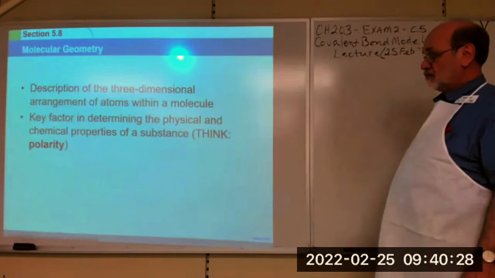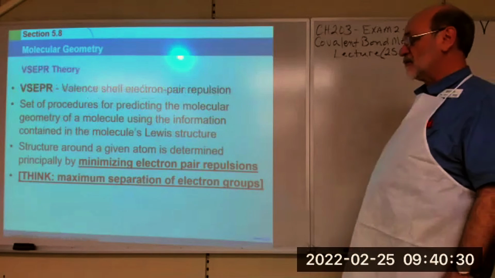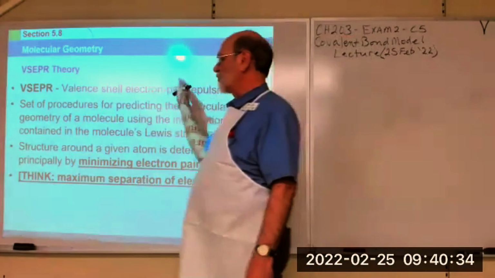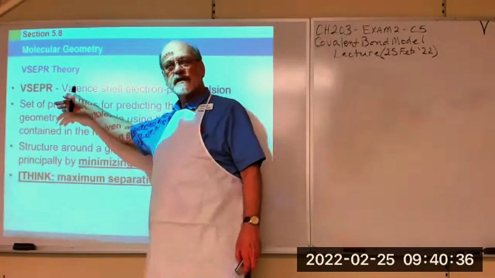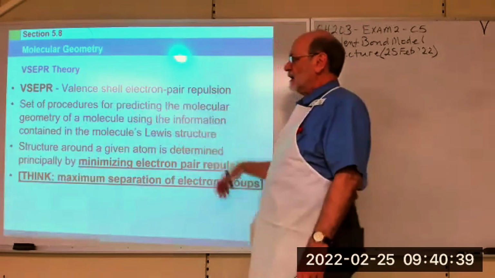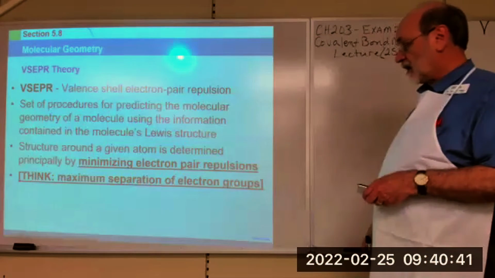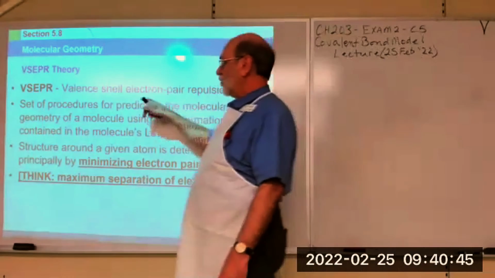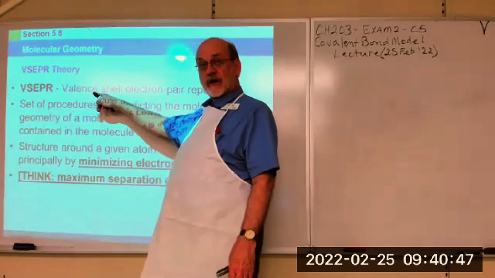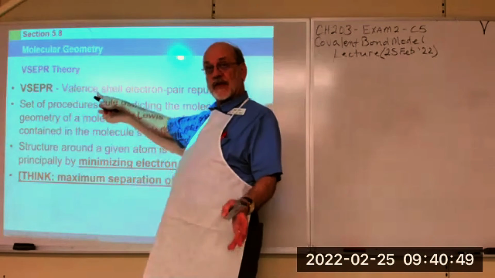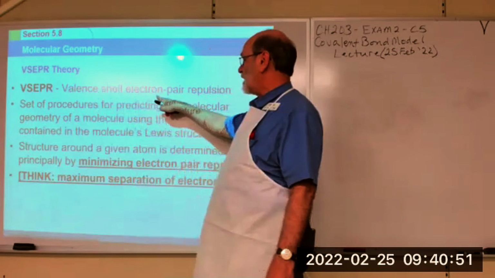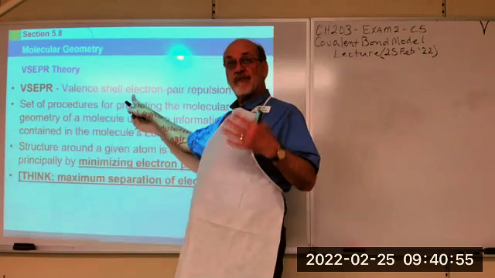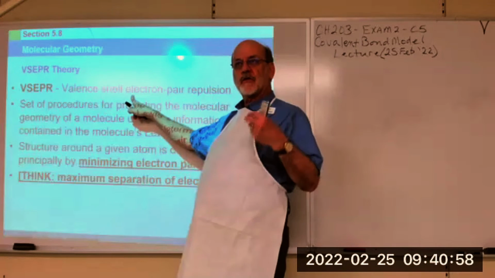Okay, so what we want to do is determine polarity. And we use this model, the valence shell electron pair repulsion model, the VSEPR. All it says is that we're talking about only the valence electrons. We've already done that. We know what they are. And they occupy their positions in pairs, either lone pairs or in bonds.